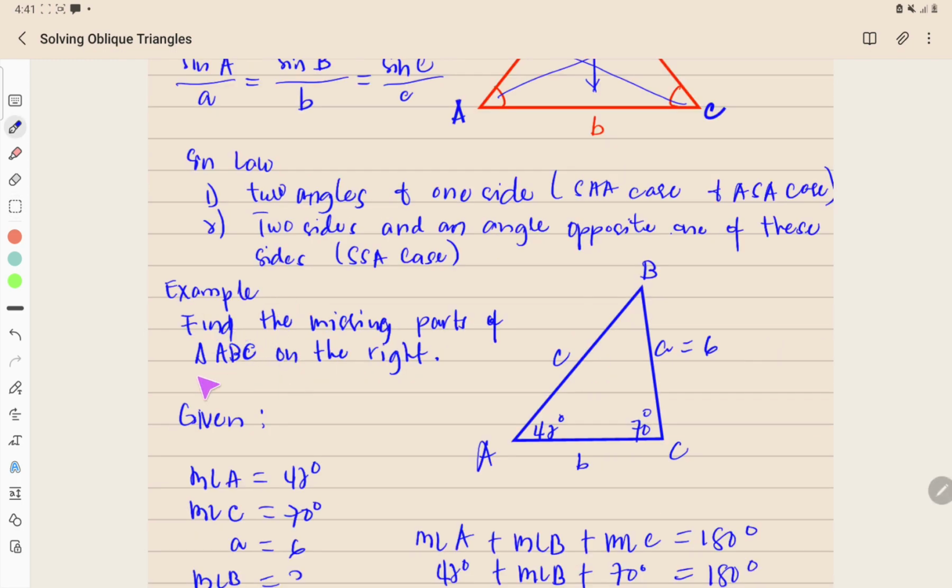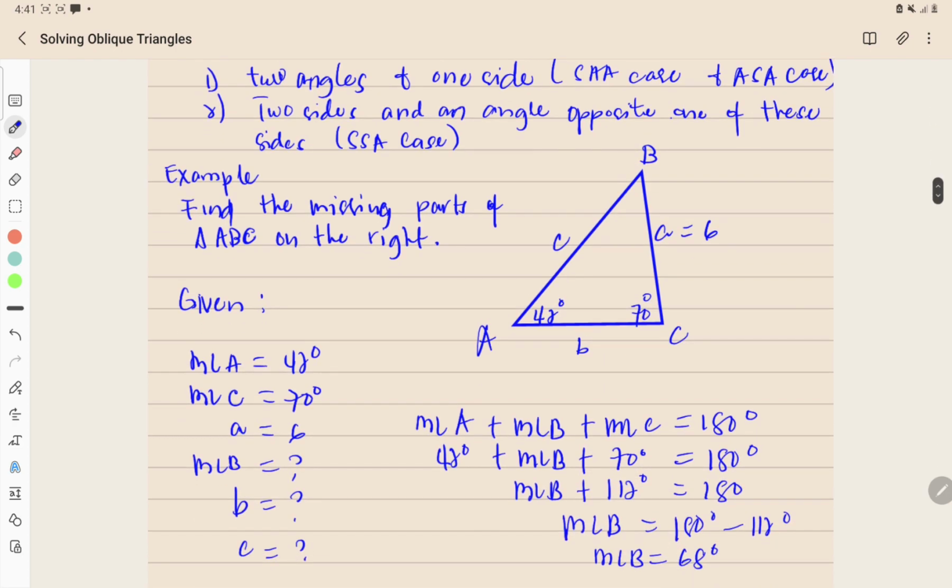Okay, let's have this example. Find the missing parts of triangle ABC on the right. So first thing to do is to identify the given or available information based on the given illustration.